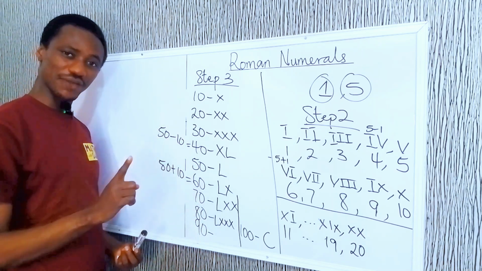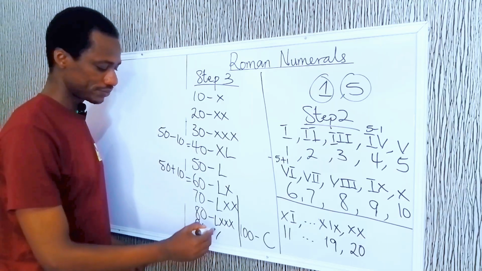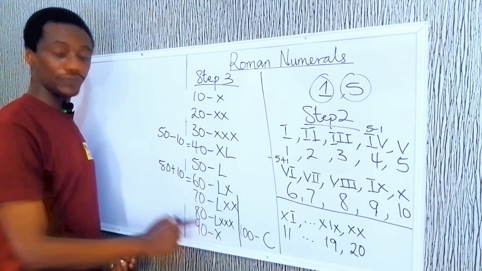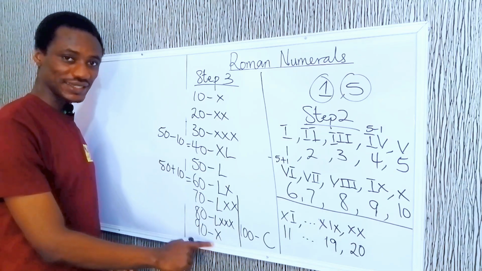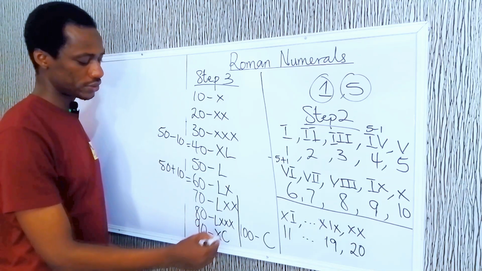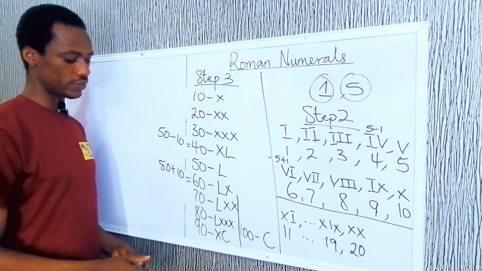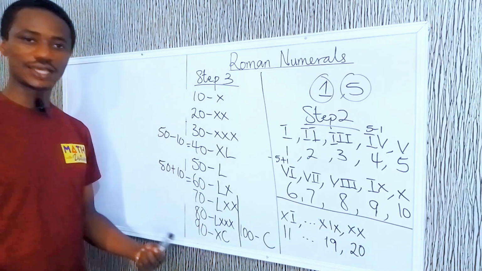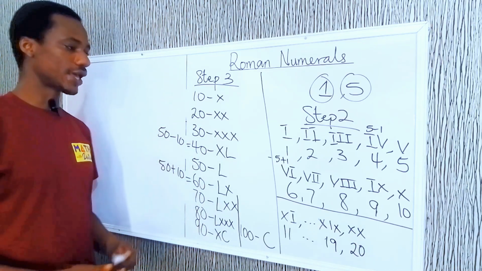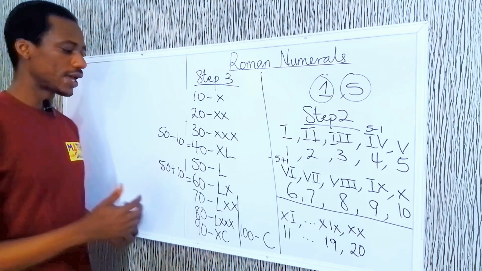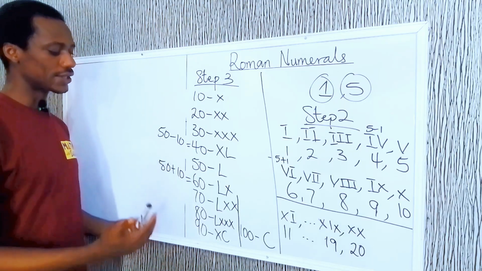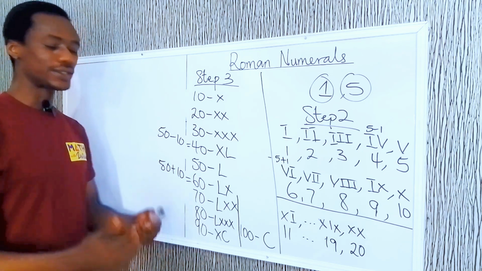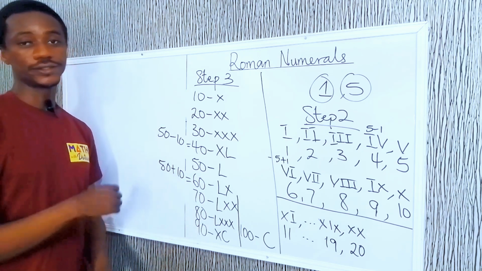So we're taking away 10 from 100, so we write the 10 and then the 100. So this is 100 minus 10, which is 90. So we have the numbers in tens: X, XX, XXX, XL, L, LX, LXX, LXXX, and XC, and 100 is C.